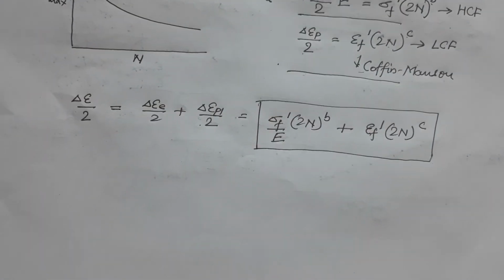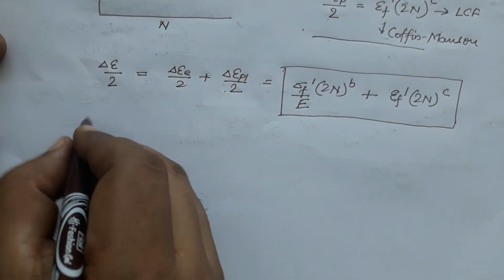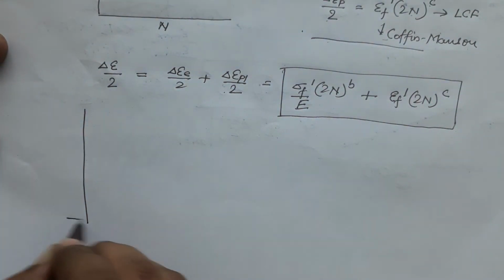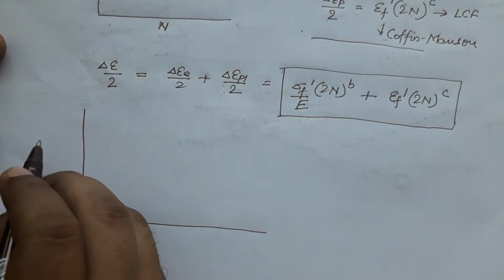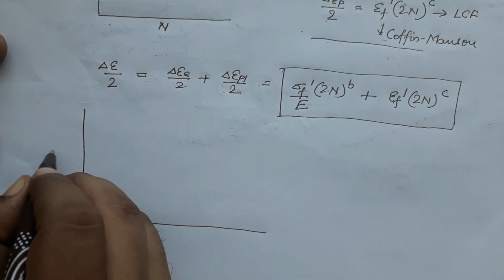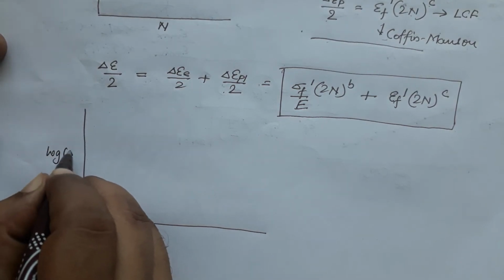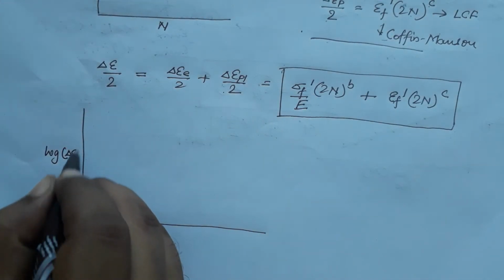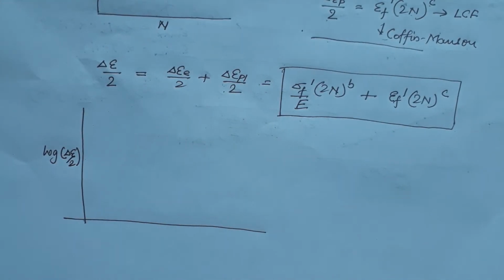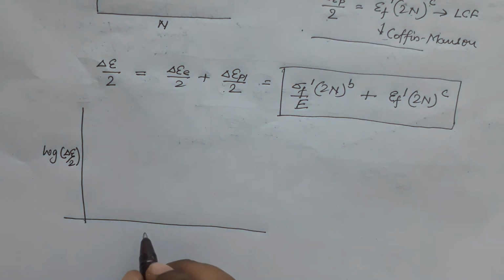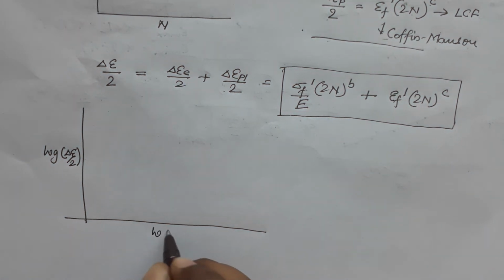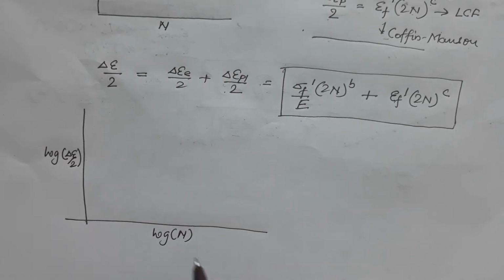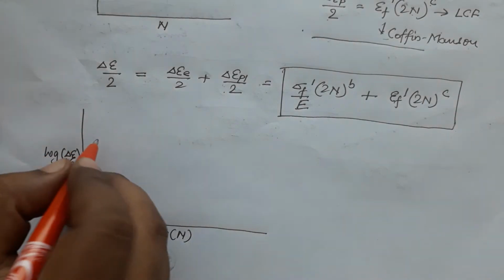So, if you plot the behavior of the material, we have strain amplitude on log scale here, and we can plot log of n, so number of cycles to failure, and the curve actually will look like this.